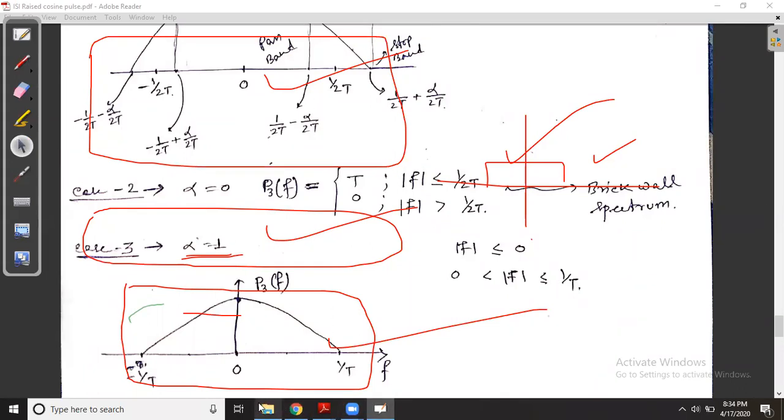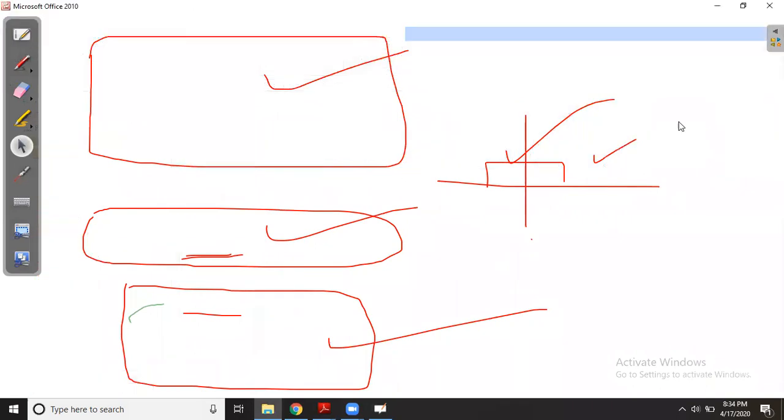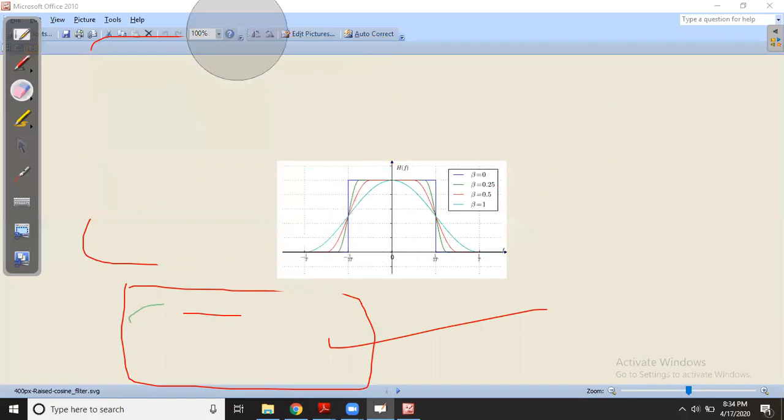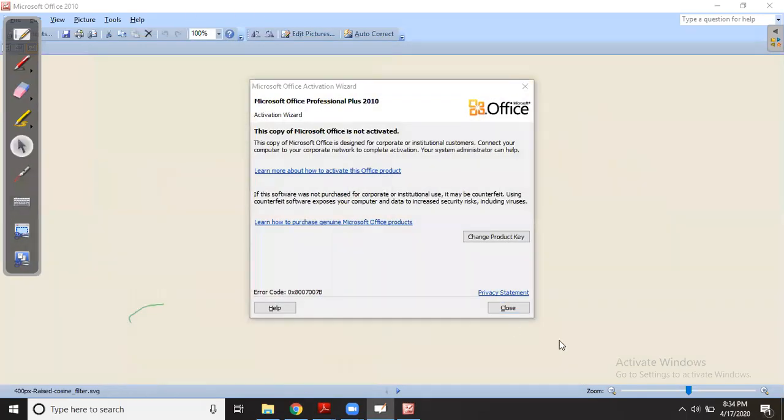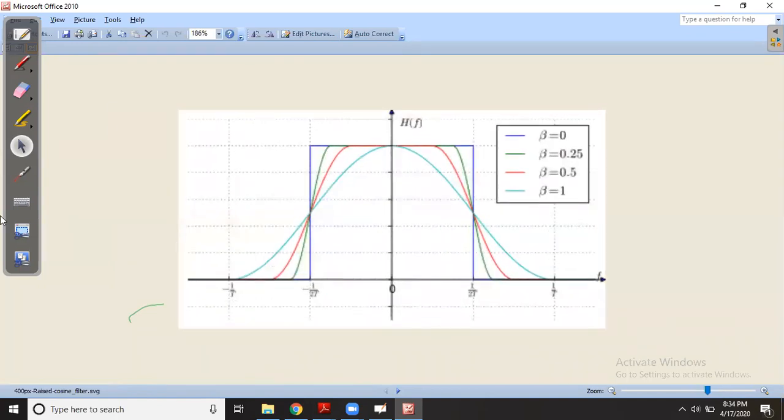Now the diagram that you just see, this is the diagram. See, this sky blue line is for 1 by minus 1 by t plus 1 by t.